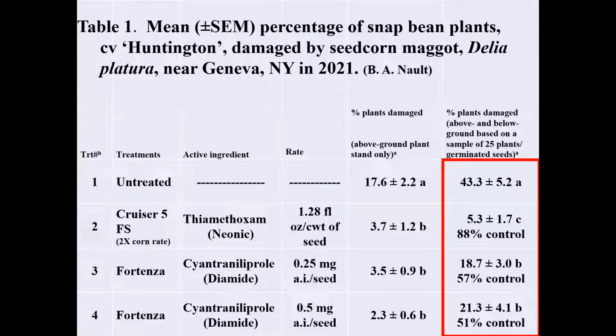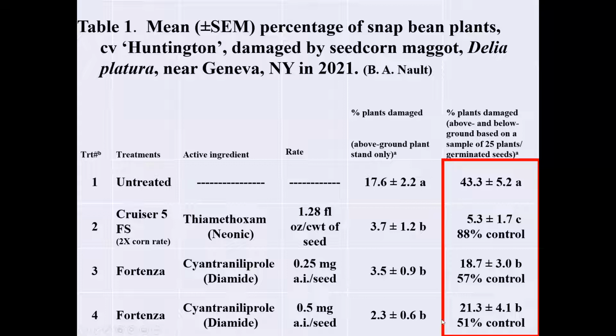Here's some data from Brian Nault. He's our vegetable entomologist and works every year with seed corn maggot. So here are the diamides. You can see his untreated check. This is, of course, in snap beans, but it doesn't matter anyway. So in his untreated check, 43% of the plants showed damage from seed corn maggot.